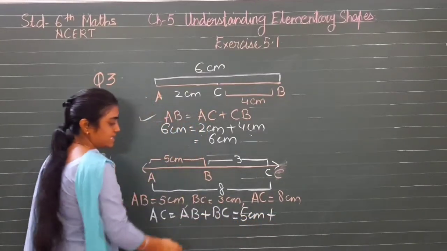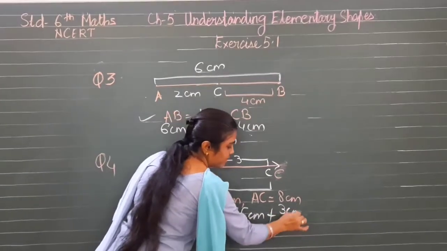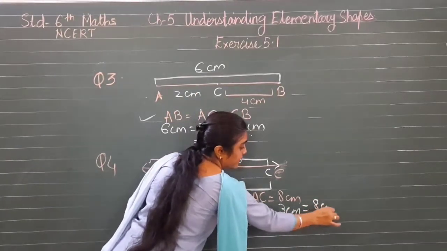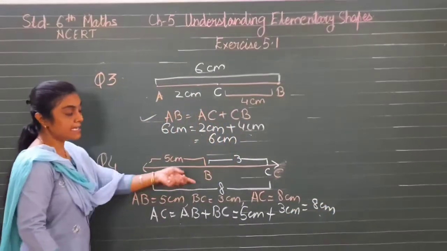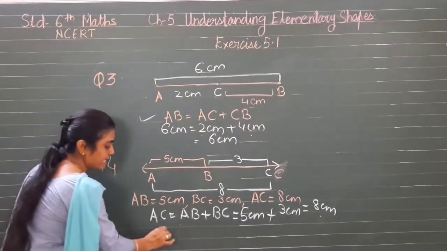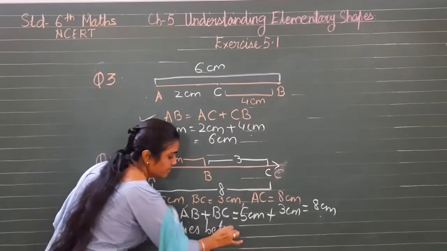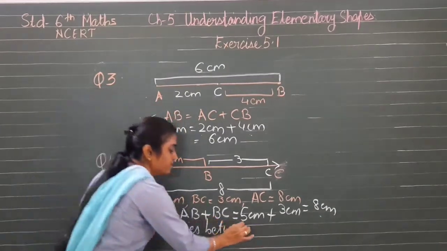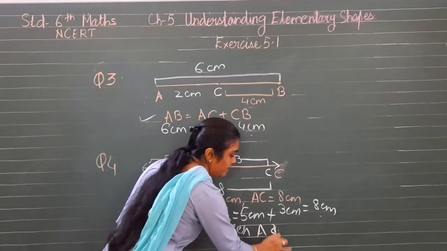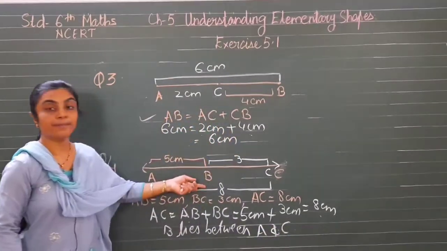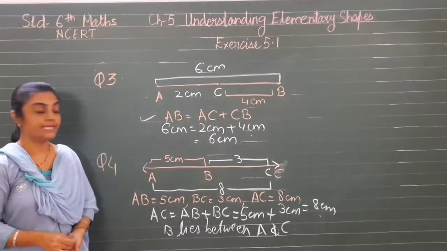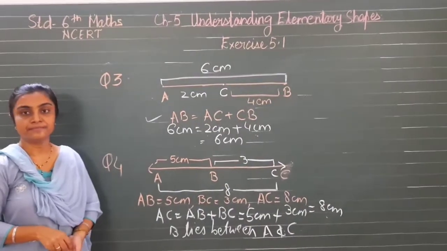And what is BC? It is 3 centimeter. You will get 8 centimeter, which is AC. Therefore, we can say that B lies between A and C. So the point B lies between A and C.